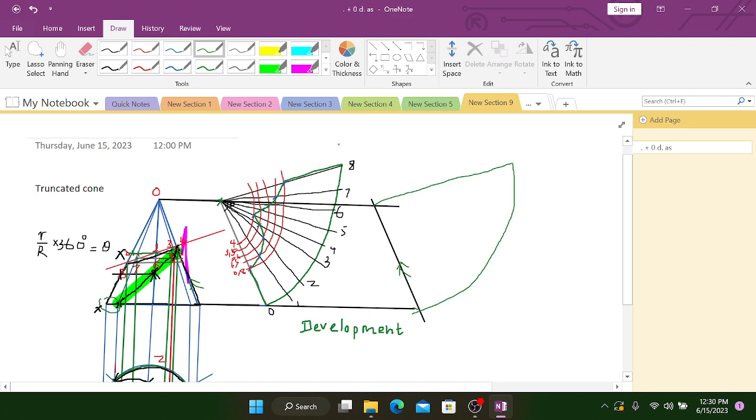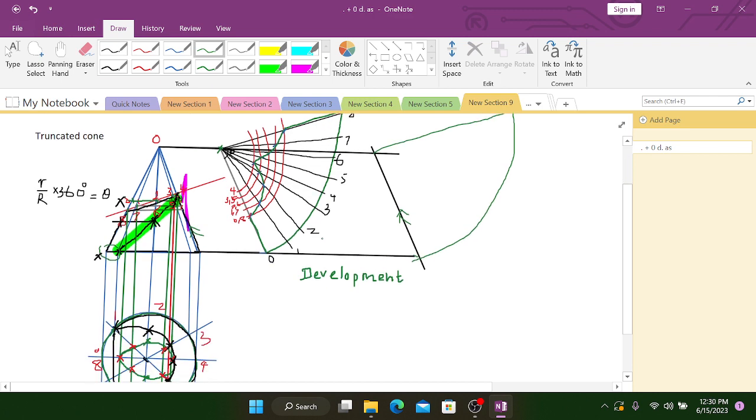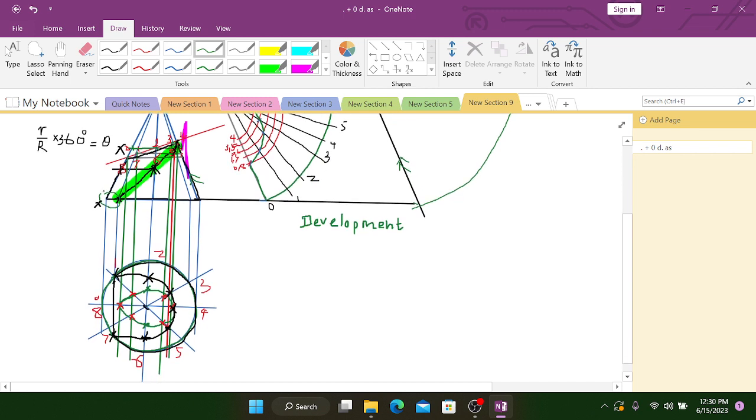By developing, I am watching. So if I don't have any part in this area, there will be a reduction in the circumference.